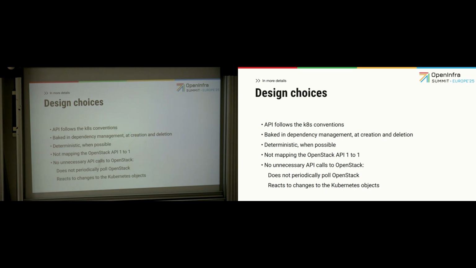Just to give you an example, when you have a network that has multiple subnets and you want to create a port on that network, OpenStack will pick a subnet for you. You don't know which subnet it's going to pick. It's a surprise. We clearly don't want that in ORC. We want the user to specify exactly which subnet you want your port to be created on.